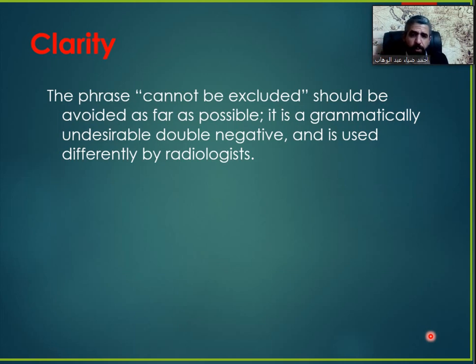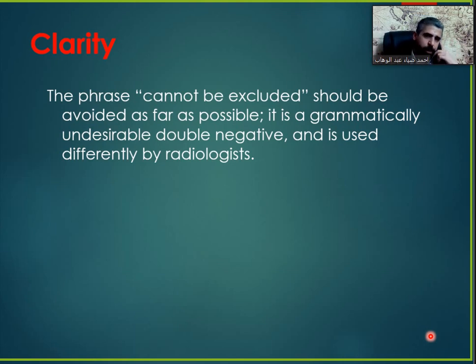Again, something that we use commonly: the phrase cannot be excluded. It should be avoided as much as possible. It is a grammatically undesirable double negative. Okay? Double negative, it's incorrect or undesirable. And it's used differently by radiologists.